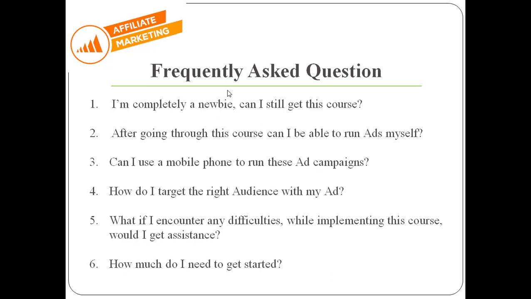The fourth question here is, how do I target the right audience with my ad? Each and every ad, like I explained earlier on, depends on what kind of offer you're giving out to people. So with your offer, or your product and services, you should try to layer it down and know who is going to be eager to buy your offer.